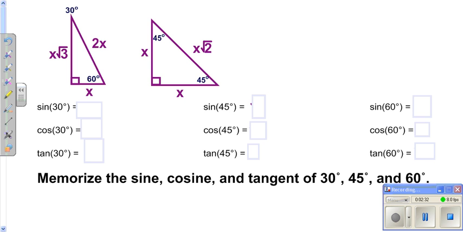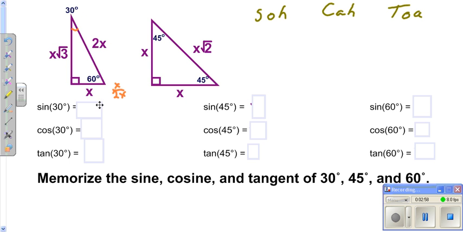Now, let's go ahead and use the idea of our SOHCAHTOA to help us figure out the sine of our angle. Sine of 30 degrees. Well, here's your 30 degrees. Sine is opposite over hypotenuse. Opposite is x. Hypotenuse is your 2x.